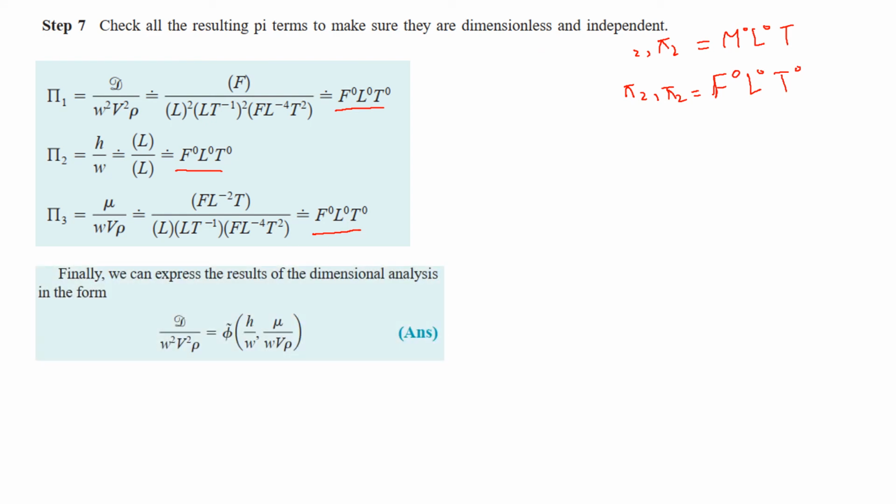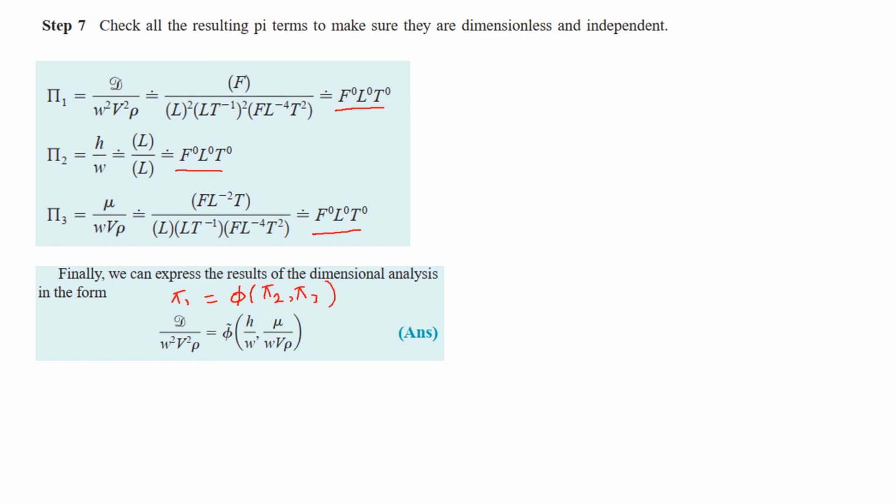Now in the next step we are going to represent our results of the dimensional analysis, and we are going to write the pi terms like this. Here you can see that this is our pi 1. We can express the results in the form where pi 1 is equal to a function of pi 2 and pi 3.